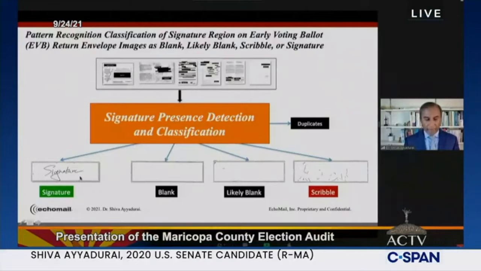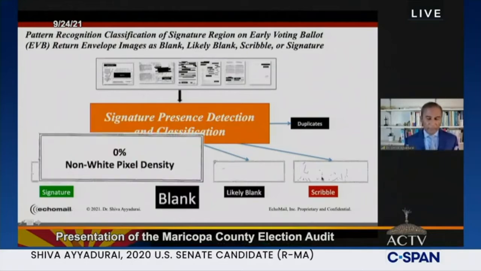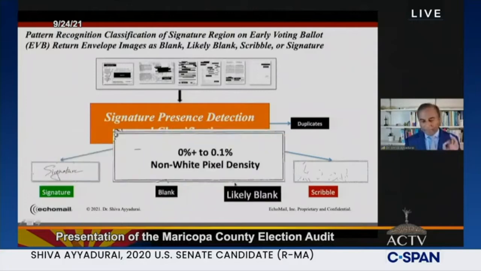So again, specifically, we looked in that signature region. One category of the signature region has a signature, another category is blank, likely blank, and scribble. And just to keep it real simple, there's a very simple classification. If it's 0% non-white pixel density, which means nothing in that area, it's a blank. If it has a little bit, greater than 0% but no more than 0.1%, like this example here, we put it into another category just for early classification purposes. We called it a likely blank.